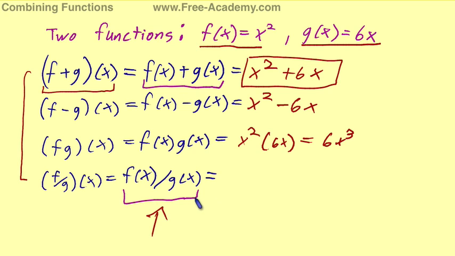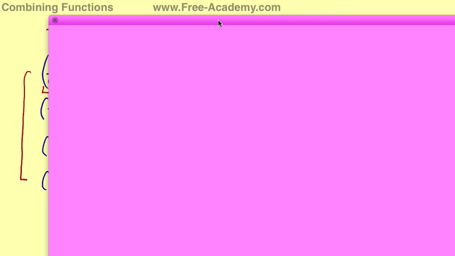F divided by g of x equals f of x divided by g of x: x squared over 6x equals x over 6. So that's very rudimentary stuff. You can add, subtract, multiply, and divide functions. Keep that last statement in mind. That's very important. Much more important is the combination of functions this way.